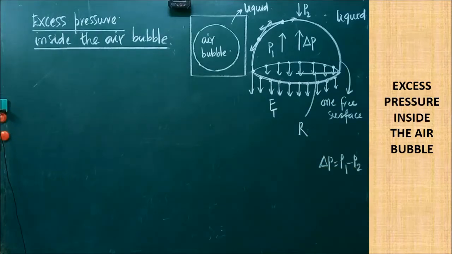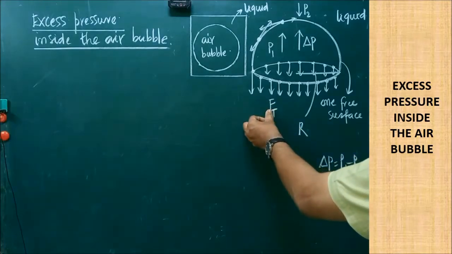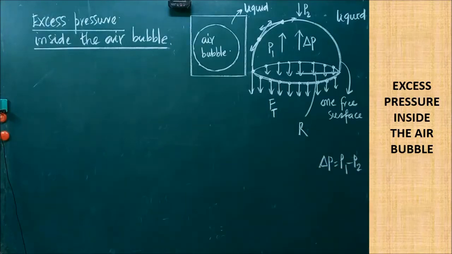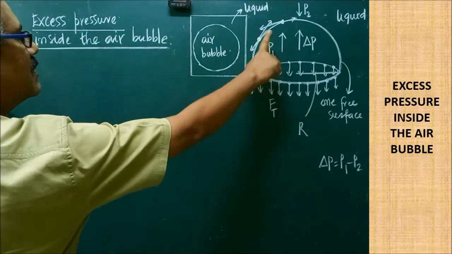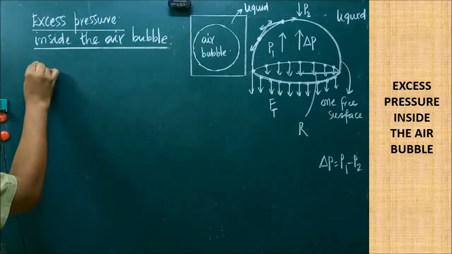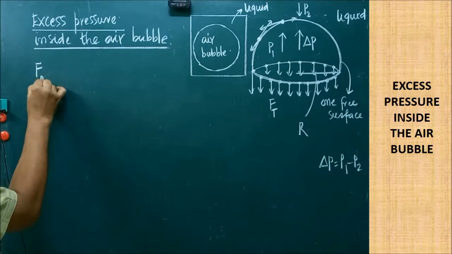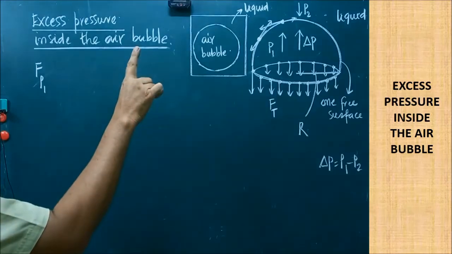Now we are going to see how many forces are acting on the air bubble. That is our next aim. Look here, one pressure is acting inside. P1 is acting inside. So one force is due to P1, that is acting from inside.